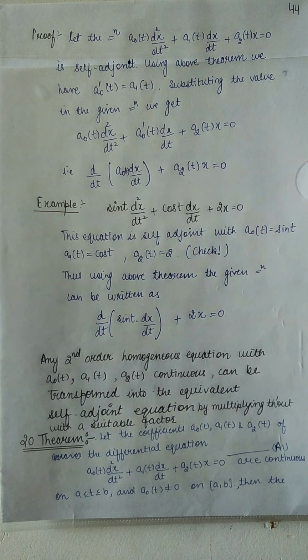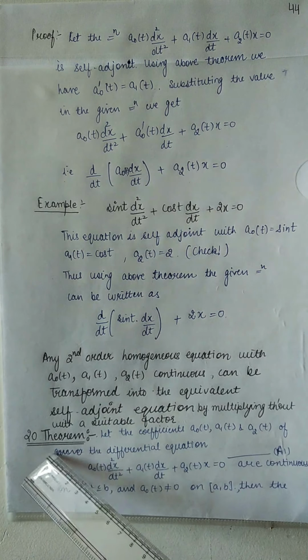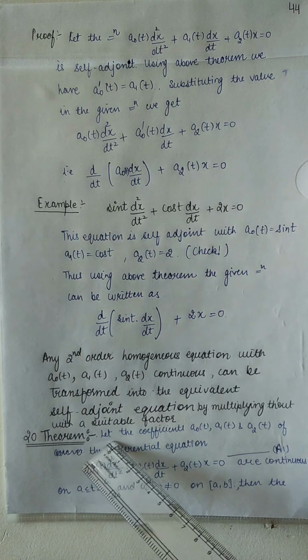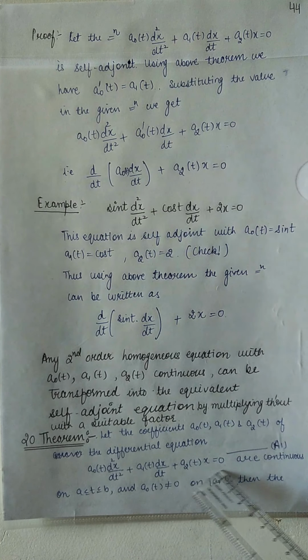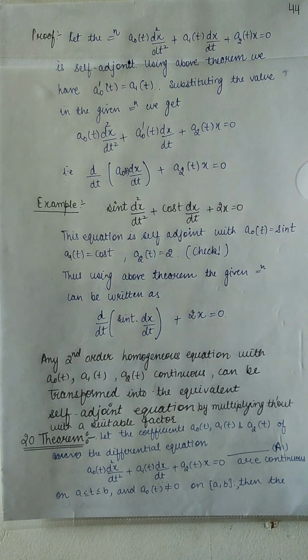So the statement of theorem 20 is: let the coefficients a0(t), a1(t) and a2(t) of the differential equation A1 be continuous on a certain interval [a, b] and the leading coefficient a0(t) not equal to 0.